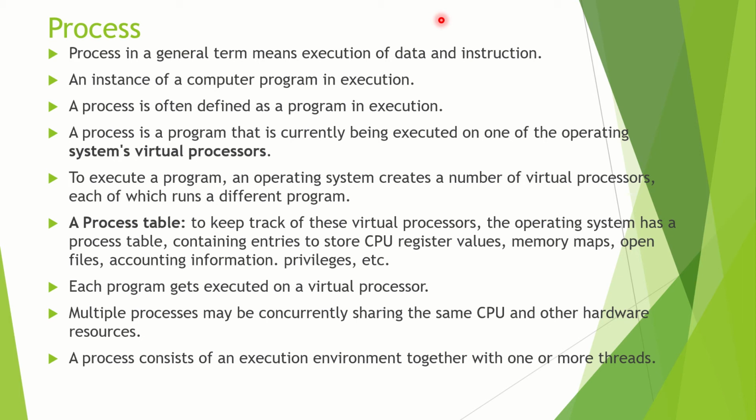For example, if you have a C program with output.out, you just type the command output.out, so that file will be executed, and this is what we call an execution instance of a program in execution.